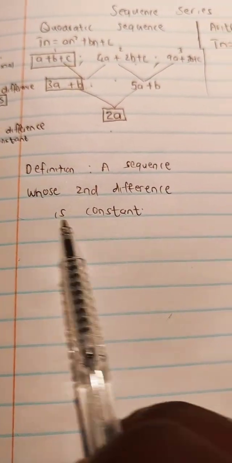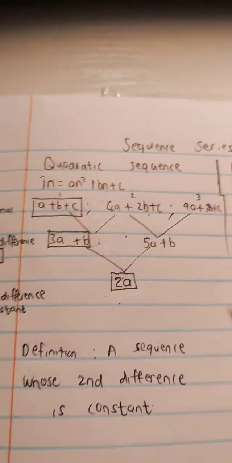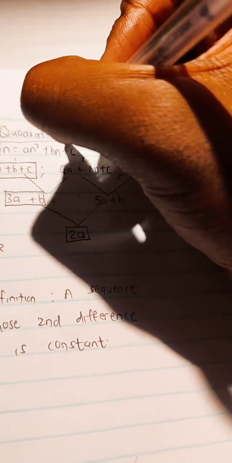Basically the definition of a quadratic sequence would be a sequence whose second difference is constant. That is what a quadratic sequence is.